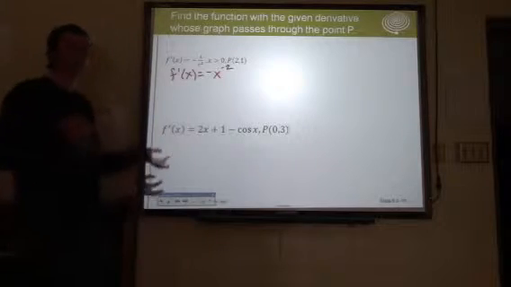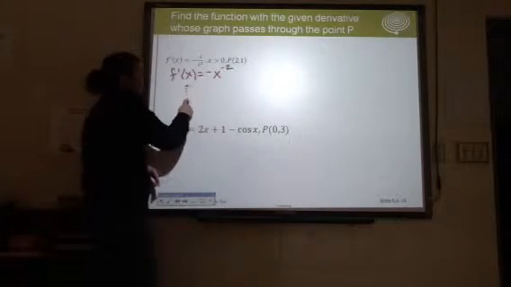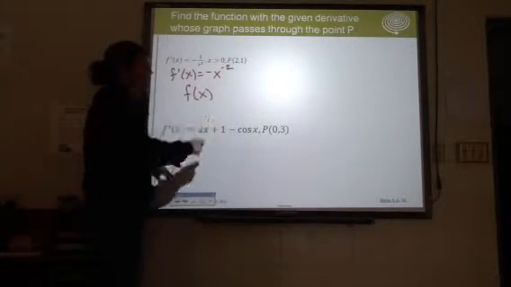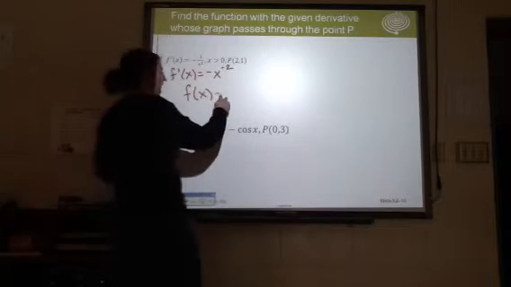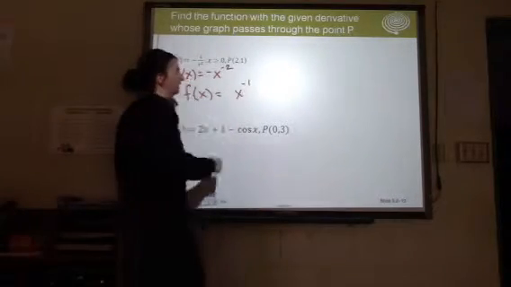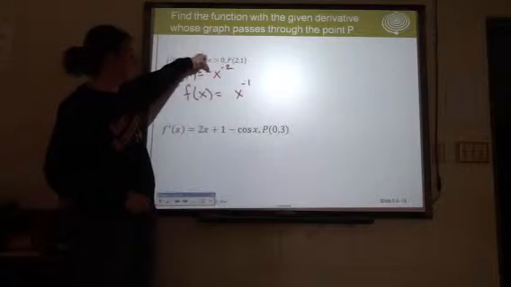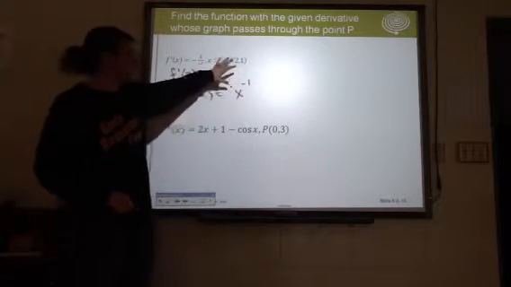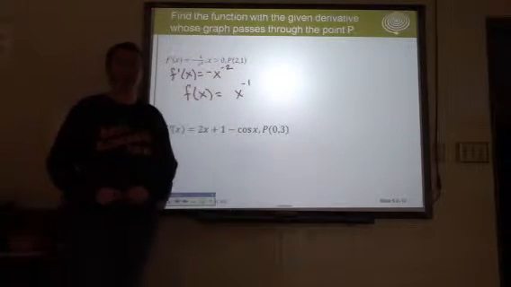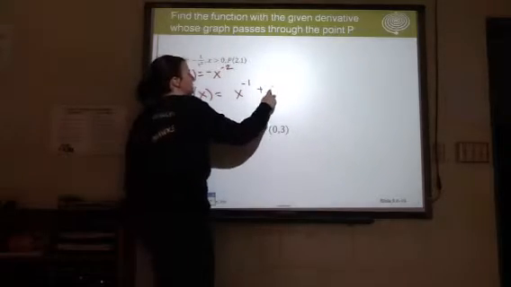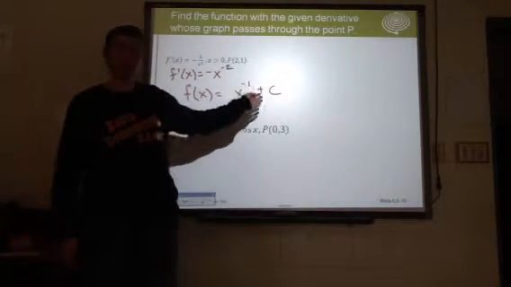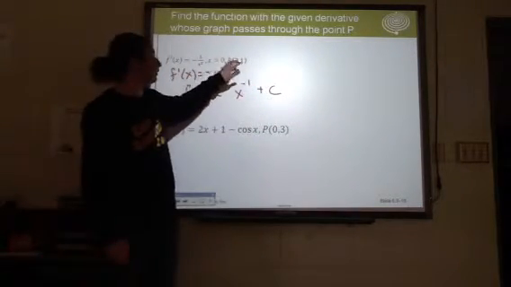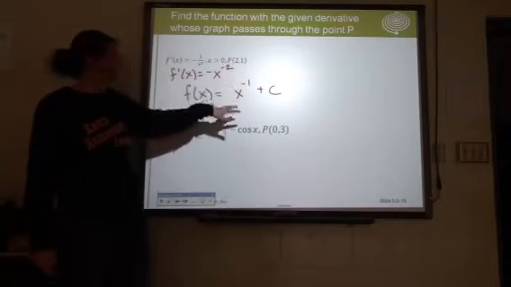So as I'm finding the antiderivative, this time my antiderivative is just the function f. And so I would add 1 to the exponent, that'd be a negative 1. I'd take my negative here, divide it by my negative 1, and it just becomes positive. So that's my antiderivative plus c. So to actually figure out what c is, now we take this point 2, 1, and we substitute it in.